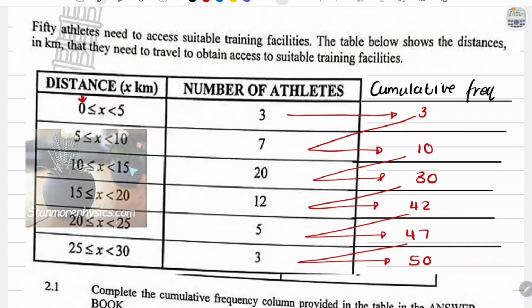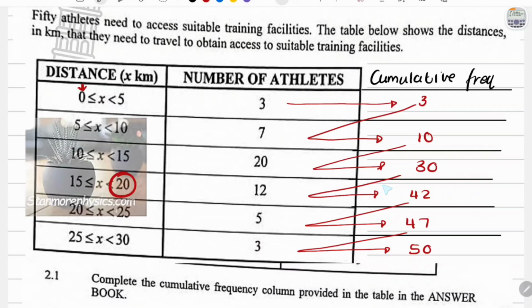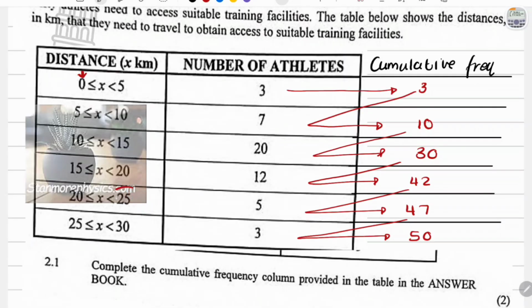And then we have 15 and 30, so that is the 15, and our 30 is over here. And then 20 and 42. Here is 40, and since this is intervals of 5, as we can see, 41, 42, so 20 and 42 would be there. And then the second last one is 25 and 47.